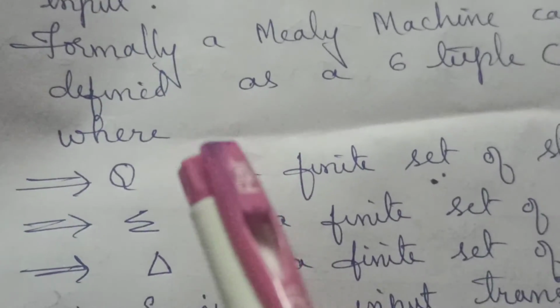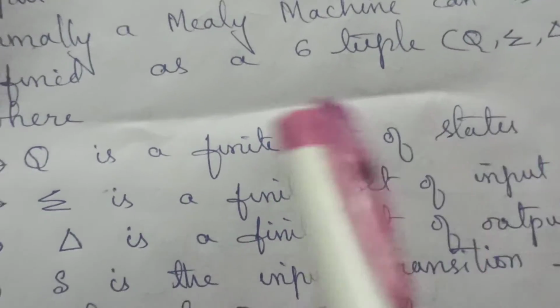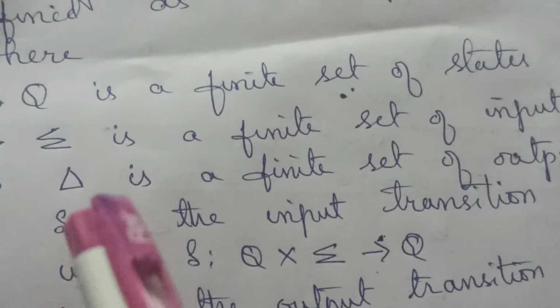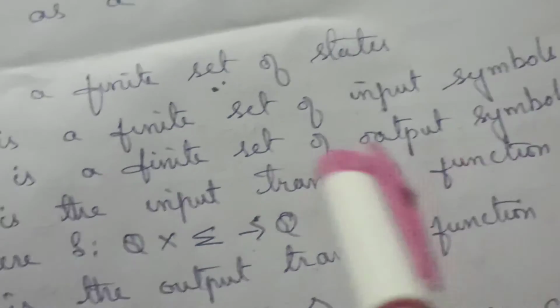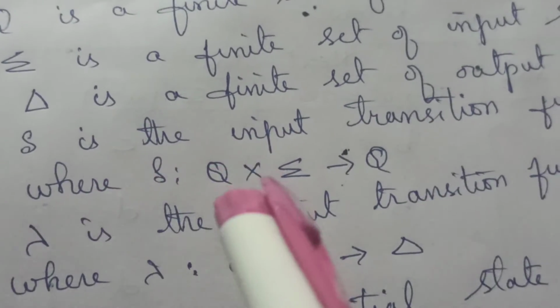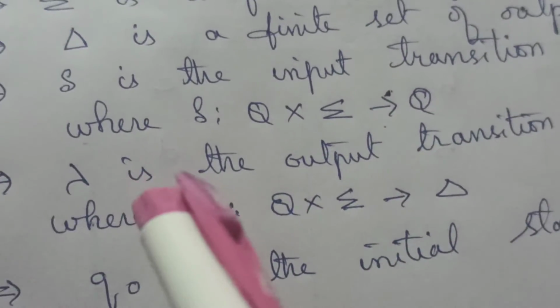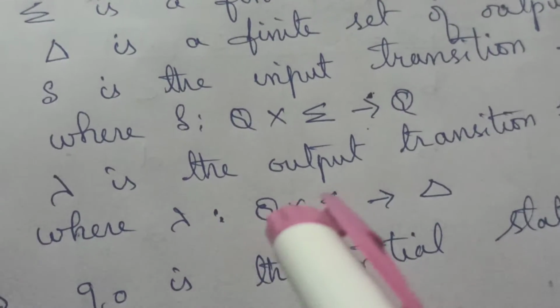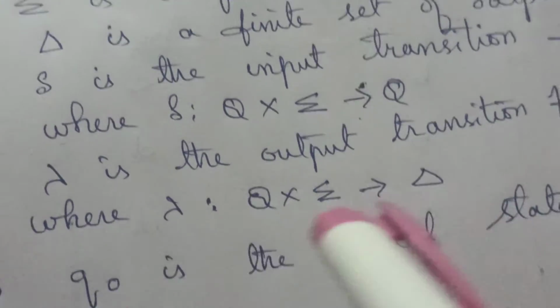Here everything is same, where Q is a finite set of states, sigma is a finite set of input symbols, delta is a finite set of output symbols, del is the input transition function where del maps Q cross sigma to Q, and lambda is the output transition function, lambda maps Q cross sigma to delta.